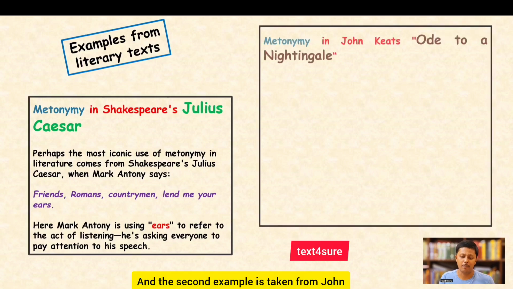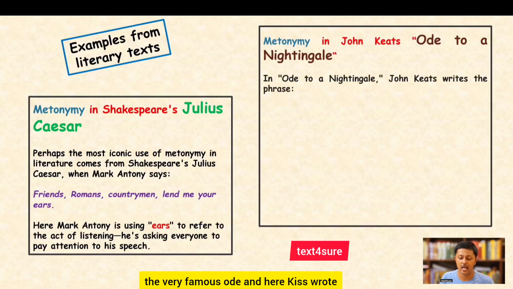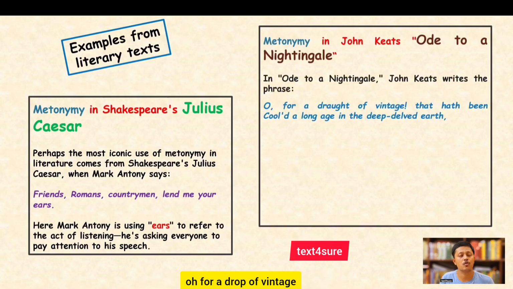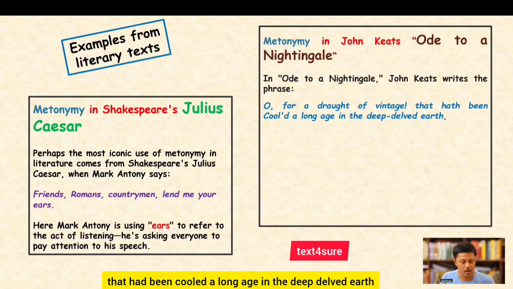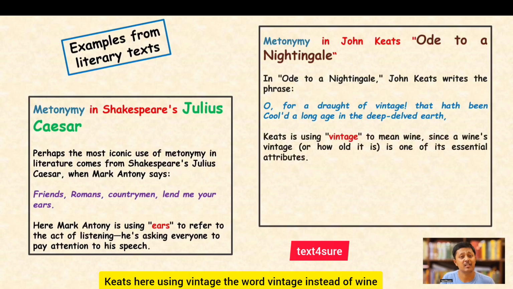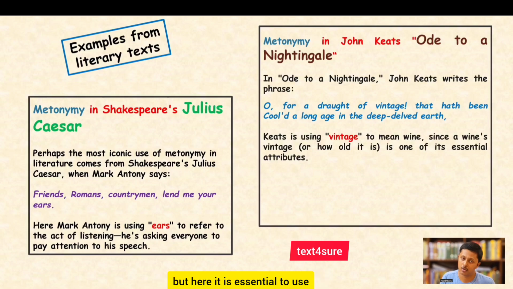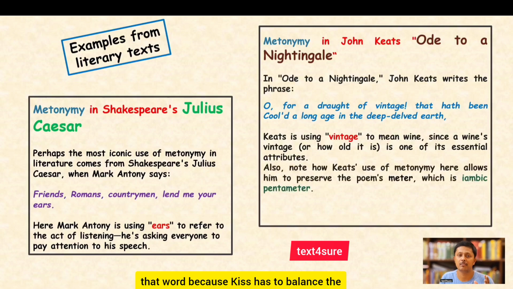And the second example is taken from John Keats's Ode to a Nightingale, this very famous ode. And here Keats wrote, "Oh, for a draught of vintage that had been cooled a long age in the deep delved earth." Keats is using the word vintage instead of wine. He could easily use wine, not vintage. But here it is essential to use that word because Keats has to balance the iambic pentameter too.